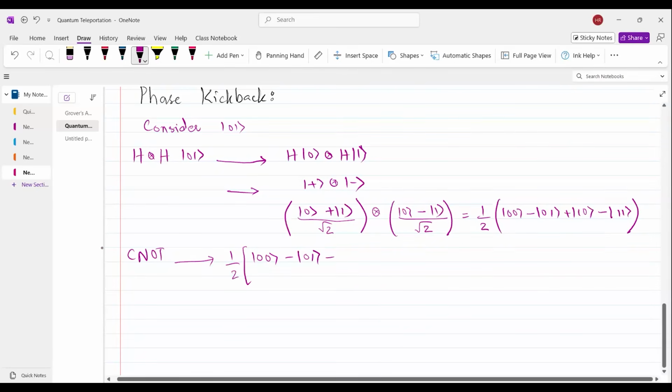But when the control qubit is 1, we apply the NOT operator on the target qubit.